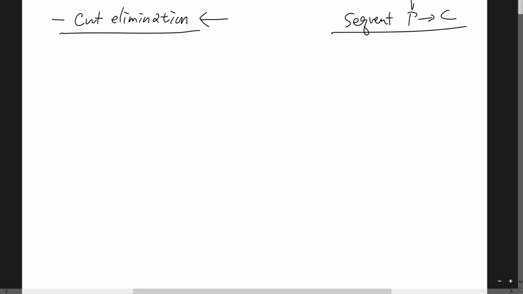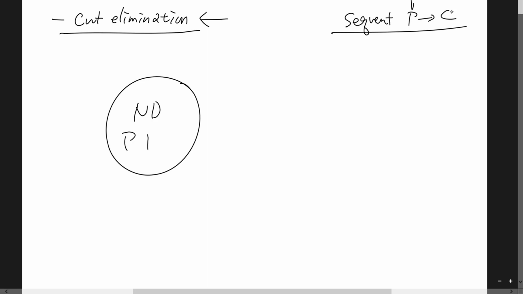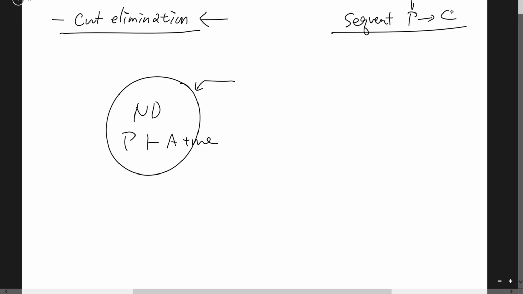Earlier in this course, we developed this natural deduction system for propositional logic, where we use this hypothetical judgment. After formulating this system, we had to revisit it and analyze its meta properties.